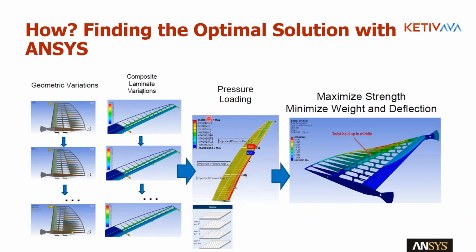A CFD analysis was done where you could capture the pressure loading coming from the wind, and then you apply the pressure and optimize the strength of the sail so that you can have a certain type of deformation and stay within allowable stresses, again transferring the force or pressure of the wind into velocity or speed of the yacht.